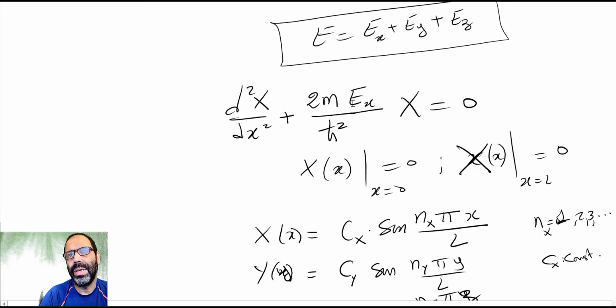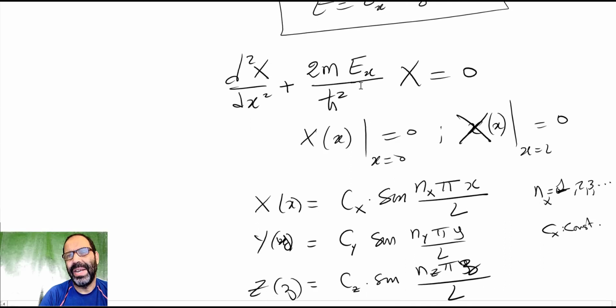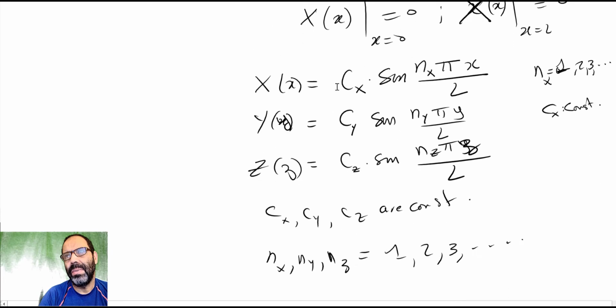If we impose this, Ex, Ey, and Ez are actually going to be determined as follows. If I take one derivative in here, I'm going to pull out nx pi over L. For the second derivative, of course, the sine converts to a cosine, and the second derivative is going to be n squared pi squared over L squared, and that is going to be this entire term.